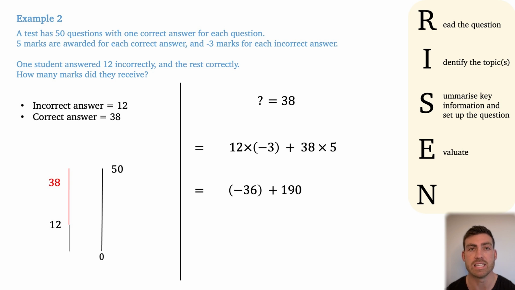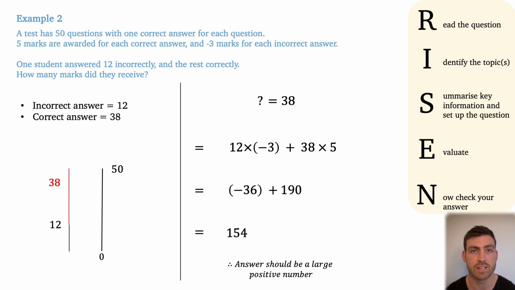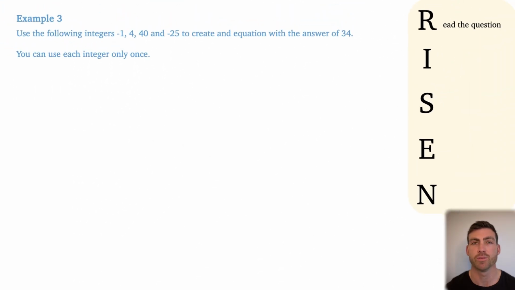Finally, -36 plus 190, this equals 154. Now to check our answer, there's no way to know exactly. However, we can see that our answer should be a large positive number since they got more answers right than incorrect.